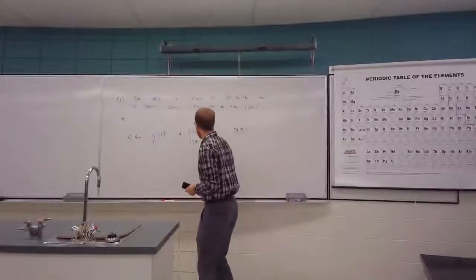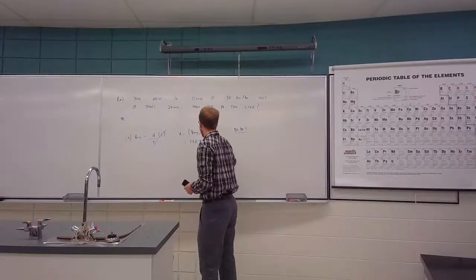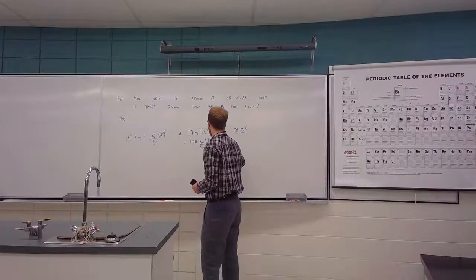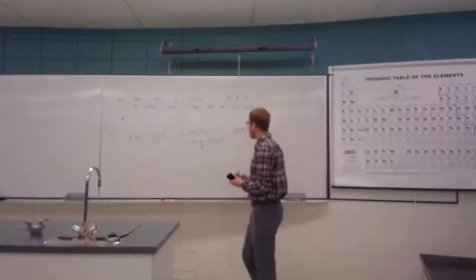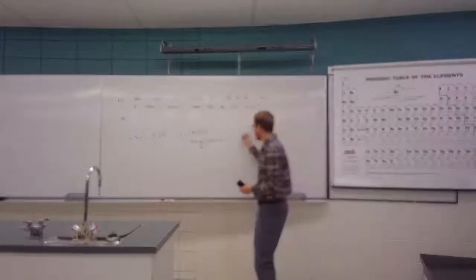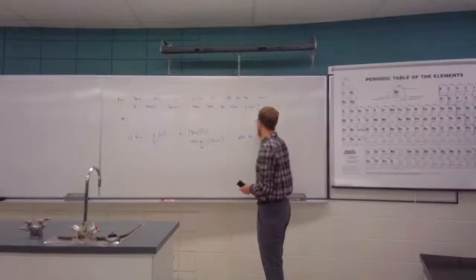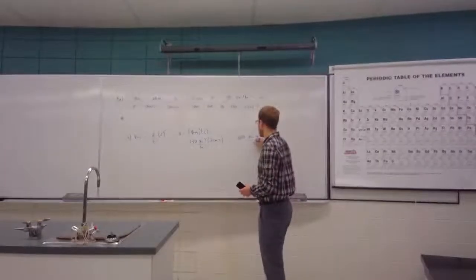So 30 kilometers per hour, if I multiply this by 20 minutes, well, what's my units here? It's not kilometers like I wrote. This would be 600 kilometers times minutes over hours.